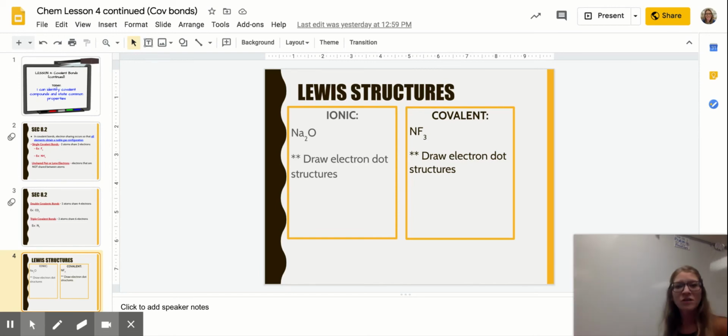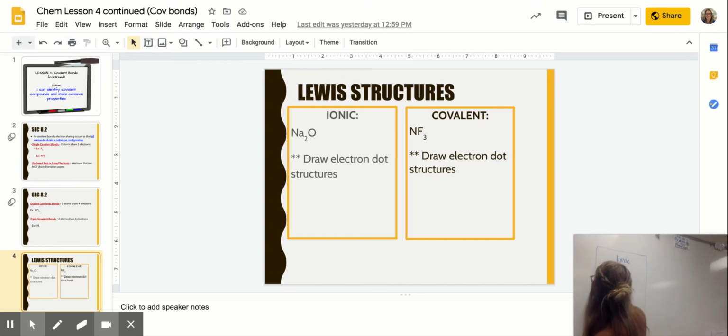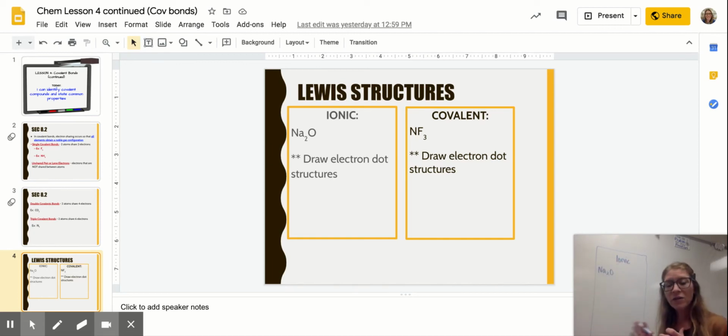Okay, so this slide has ionic and covalent. So ionic, if you remember, is a metal and a nonmetal, and ionic transfers their electrons. So if you have an ionic compound, we'll make our box here. If you have Na2O, this is where you have the arrows and you show the electrons being transferred.